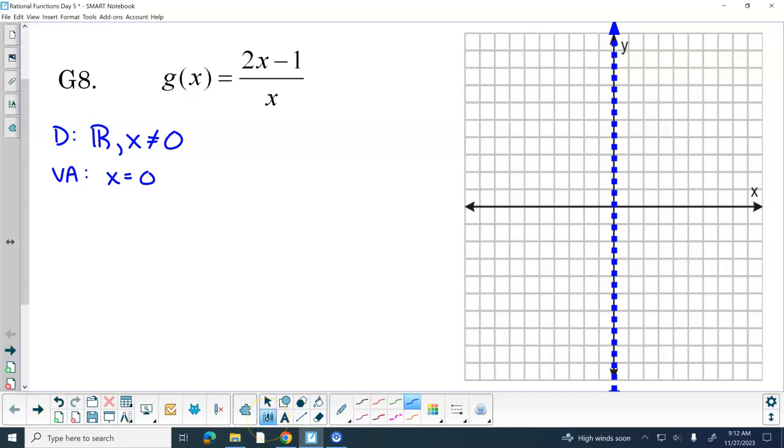Next one is our horizontal asymptote. Y equals 2, because the degree on the top is 1, the degree on the bottom is 1, that's the same. So we go with coefficients. Y equals positive 2. That goes on our graph as a dashed line.